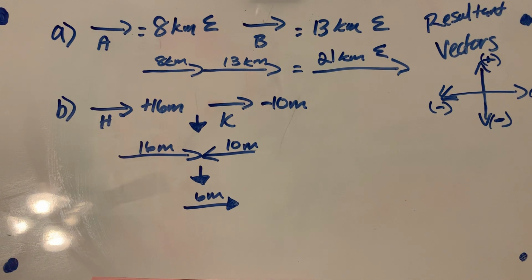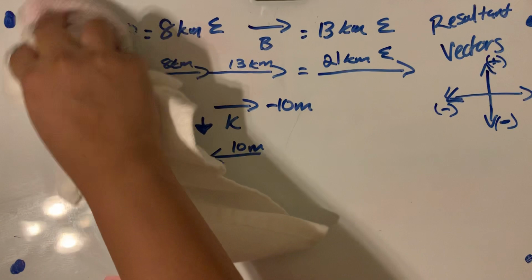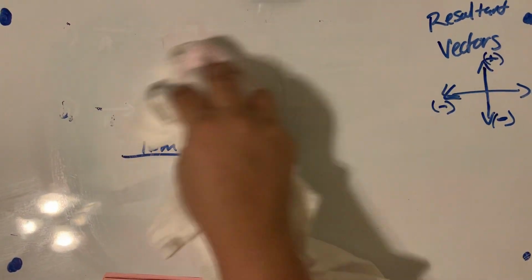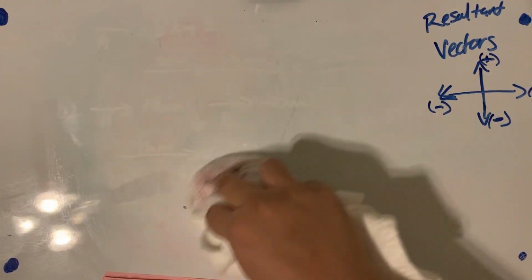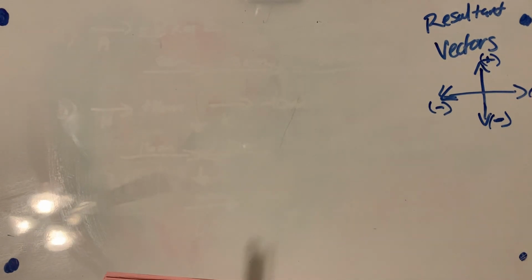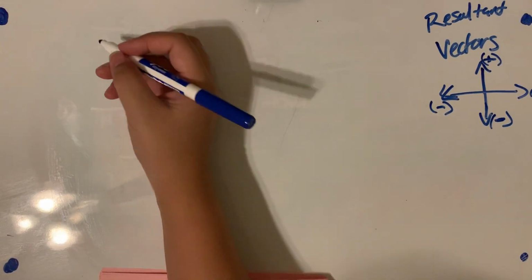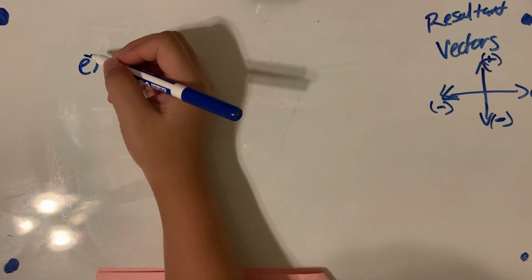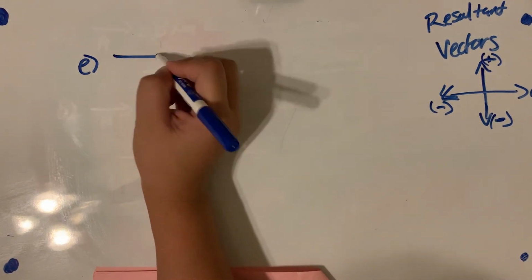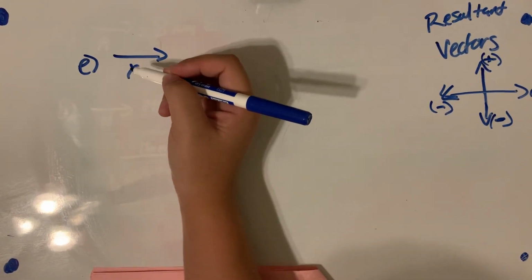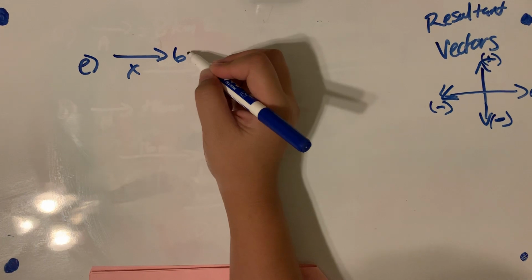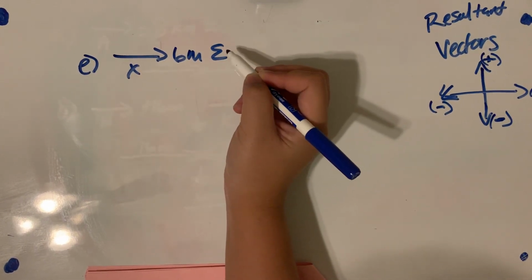C you can also figure out, so I'm not gonna do C. But let's go ahead and do E. Okay, let me erase this. Sorry if I'm shaking the camera, guys. You have E. You have vector X going 6 meters east.